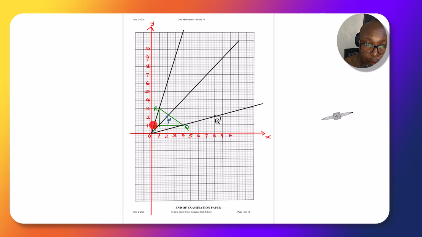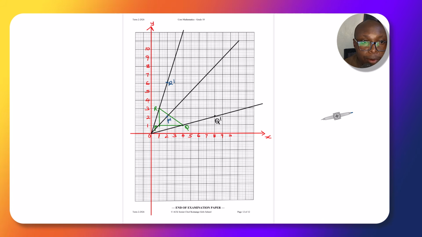From here you have 1, 2, 3. You're enlarging by 2, so you double that distance. So you're going to count from here 1, 2, 3, 4, 5, and 6. So this is where we shall have R prime.